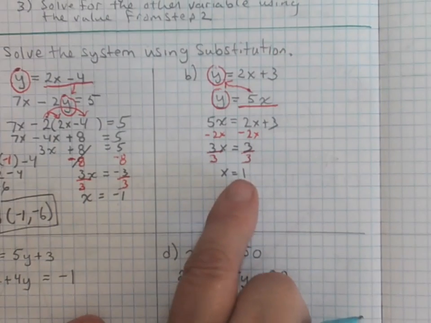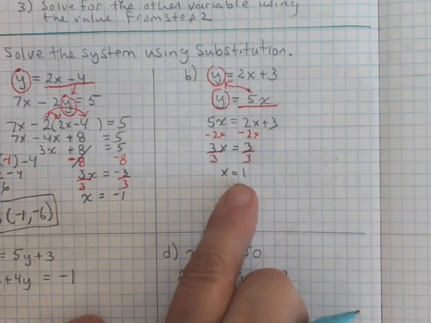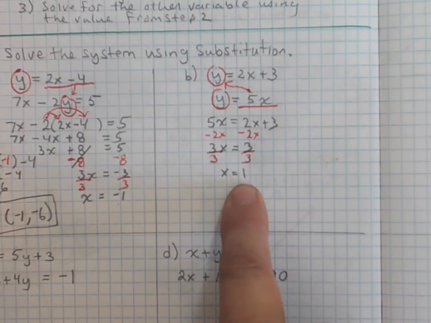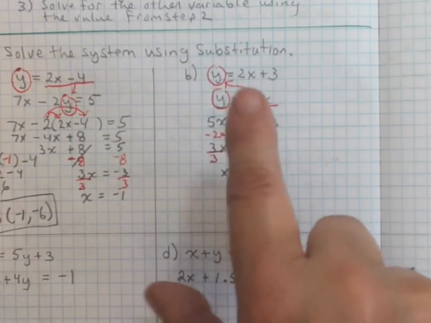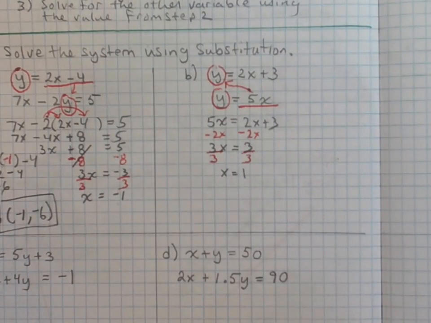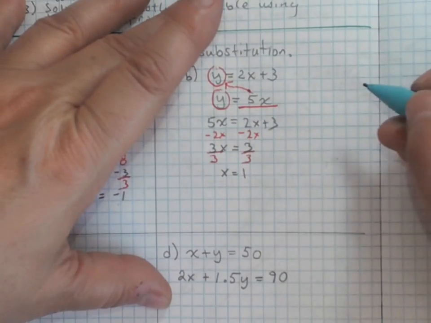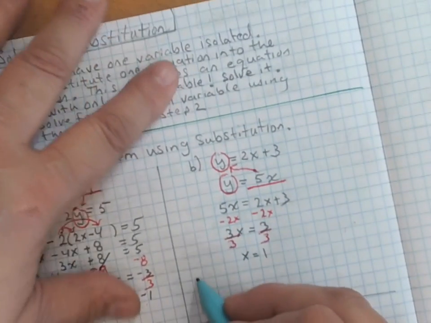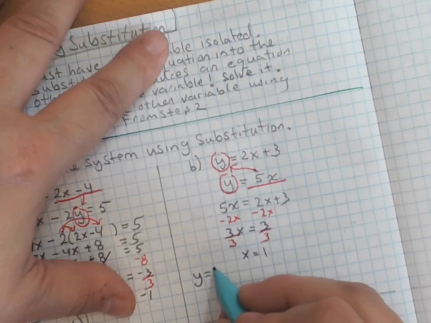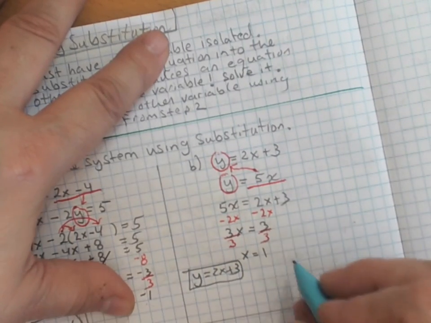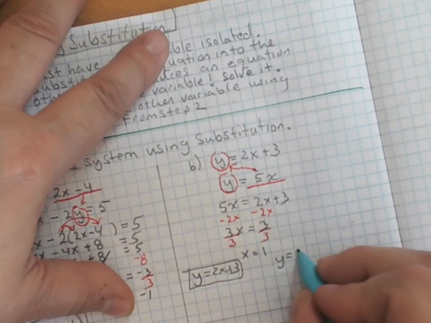We're going to solve for the other variable, which is y, by replacing the x equals 1 into one of these equations. And it really doesn't matter which one you use. Just to prove that point, I'm going to do it twice. So I'm going to use the equation y equals 2x plus 3, and I'm going to use the equation y equals 5x.